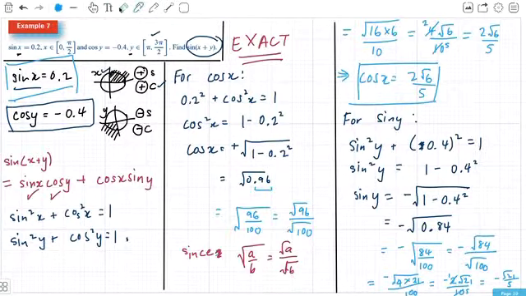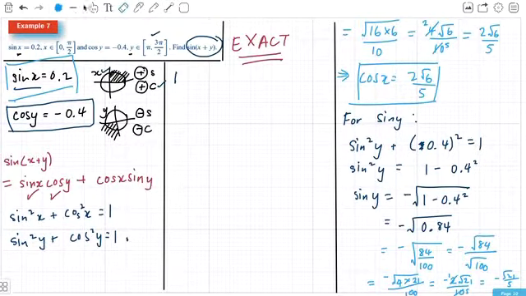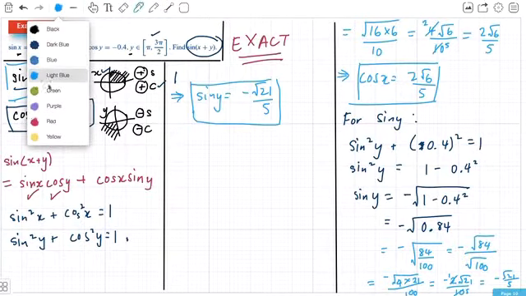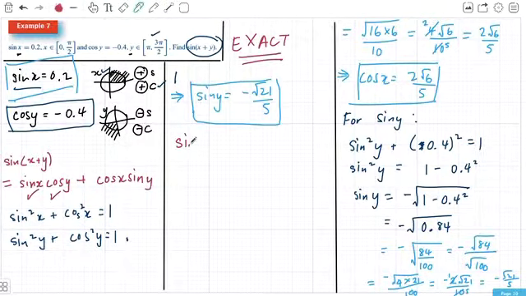So I'll give myself a bit more room, do this over here. So what we end up with, we find that sine of y equals, in exact form, negative root 21 over 5. Now we've got all the pieces that we need, cos x, sine y, cos y and sine x, to actually find what we wanted, which is sine of x plus y equals.